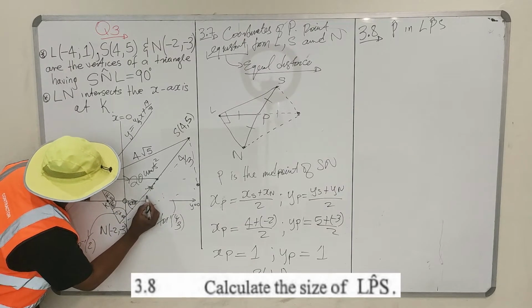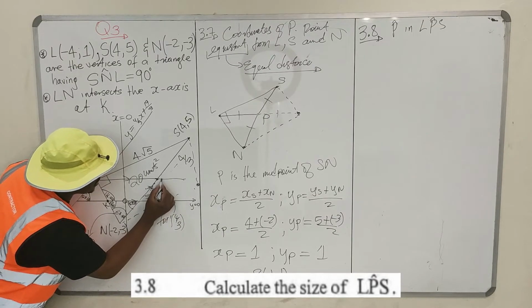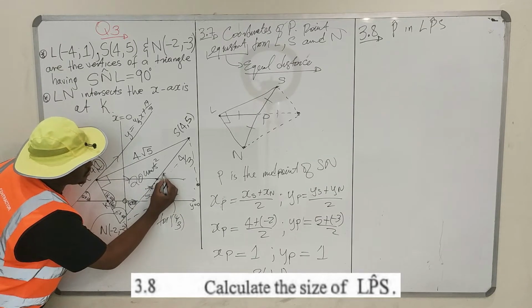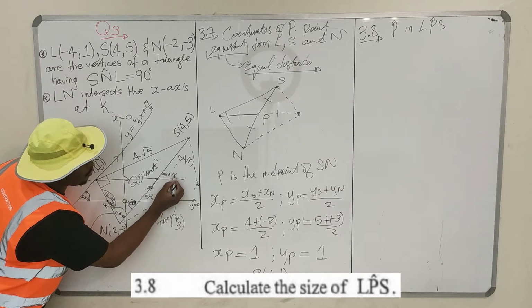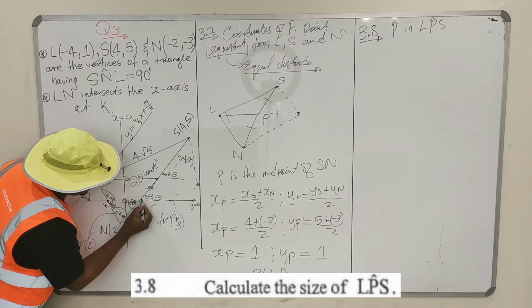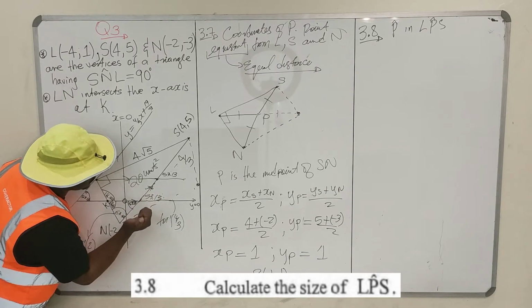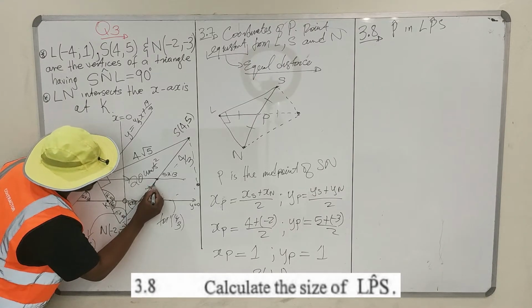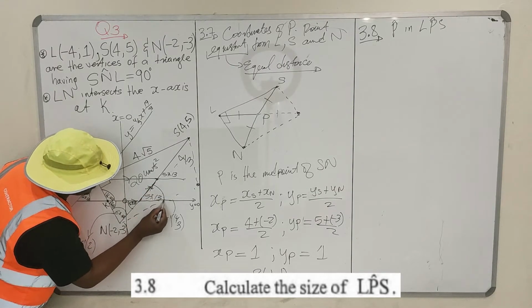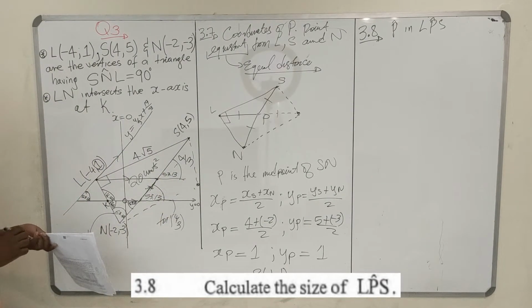This angle here is 53.13. So if you extend this angle, you know that this is 53.13. So this angle and that angle are equal.